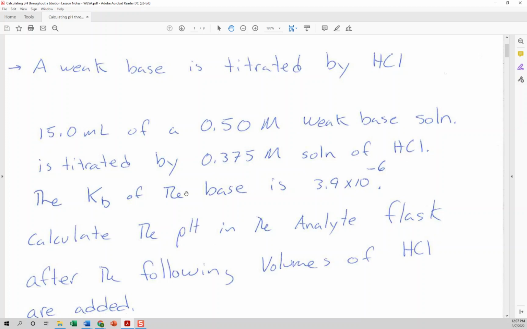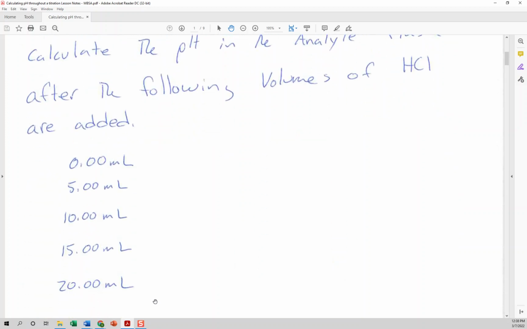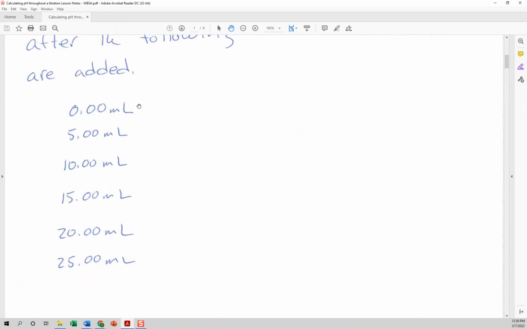We're given the Kb of the base, 3.9 times 10 to the negative 6, and we want to calculate what the pH is going to be in the analyte flask after the following volumes of that HCl solution are added. And those volumes are 0 milliliters, 5 milliliters, 10 milliliters, 15 milliliters, 20 milliliters, and 25 milliliters, right?